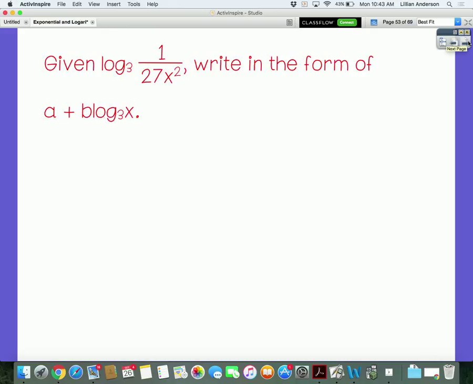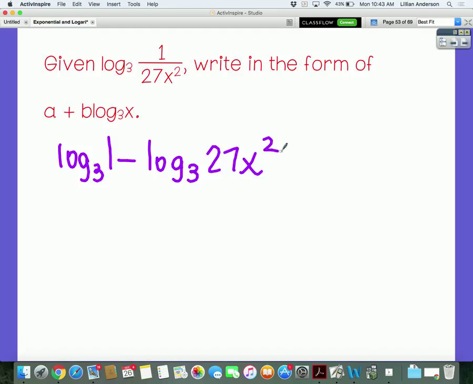This one we're going to write in the form of a plus b log base 3 of x. And in order to do that, looks like we're going to have to expand it. Now a and b represent some numbers, so we have to actually get it there. So remember, division means subtraction, so we're going to subtract the top and the bottom from each other.